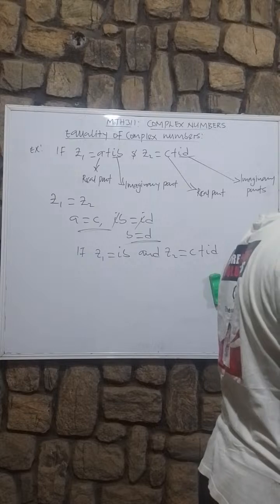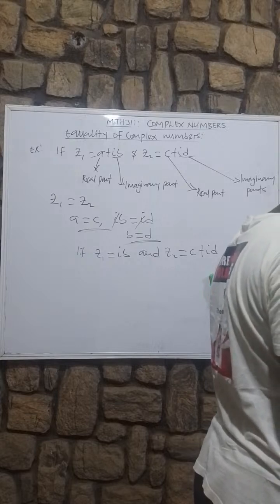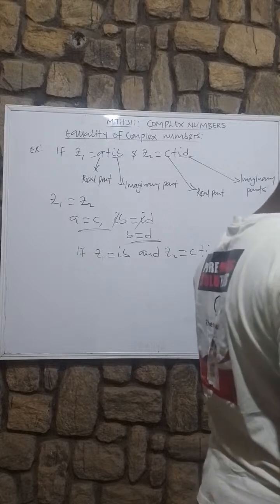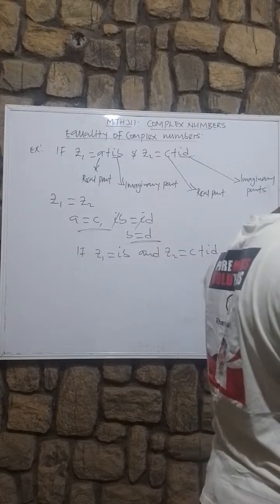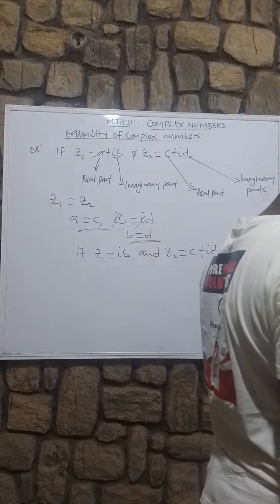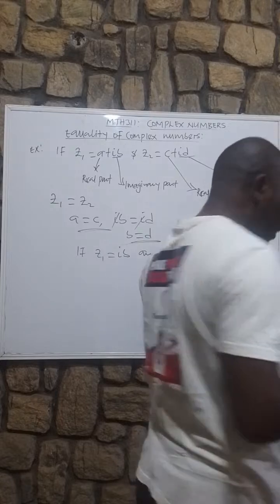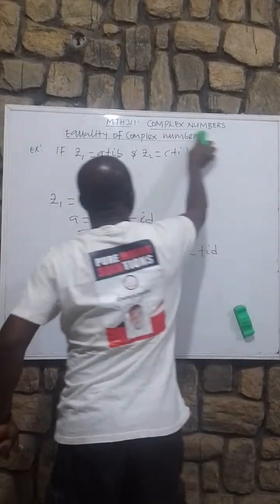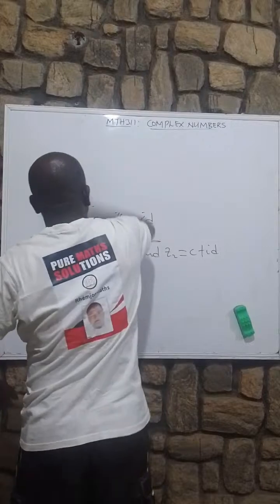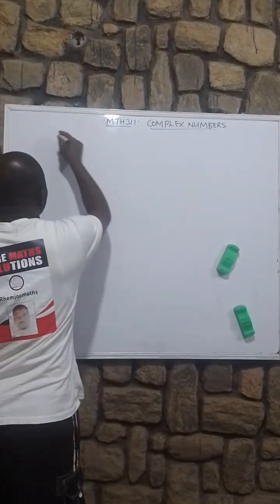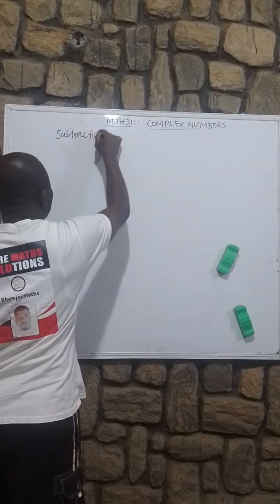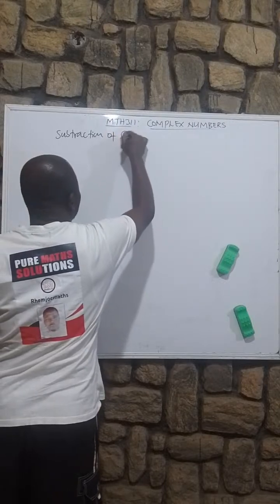Okay, so let's proceed to consider. I think we have looked at addition of complex numbers and equality of complex numbers. So let us consider subtraction of complex numbers.